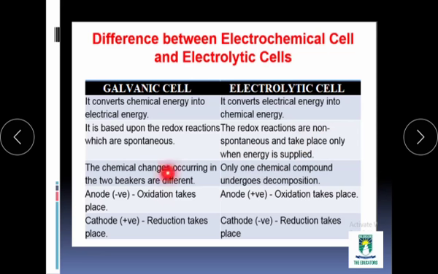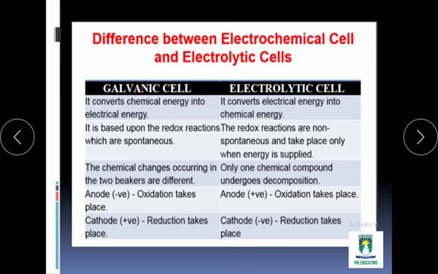The chemical changes occurring in the two beakers are different. In this whole chapter, the thing you have to remember is that only in the case of a galvanic cell, the anode is negatively charged, oxidation takes place, and the cathode is positively charged.